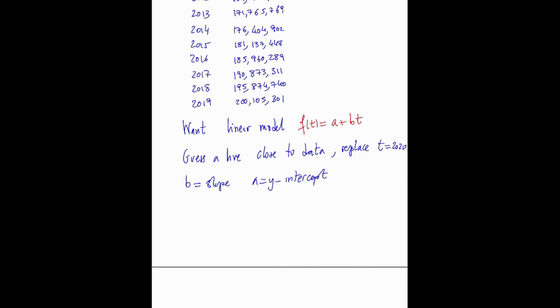We could use all the data from 2010 to 2019, but it's much smarter to build the line using the data from 2010 to 2018, and check in 2019 whether your line is actually good, in the sense that the function value you get in 2019 is close to your real data.